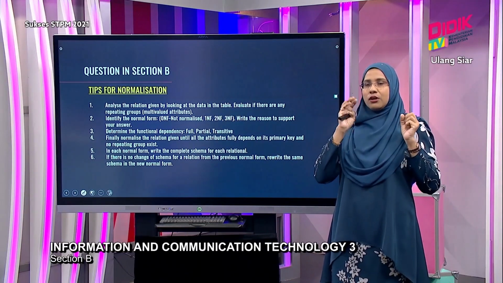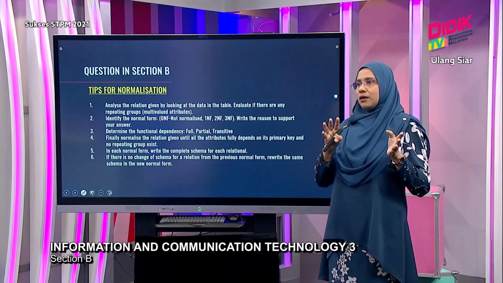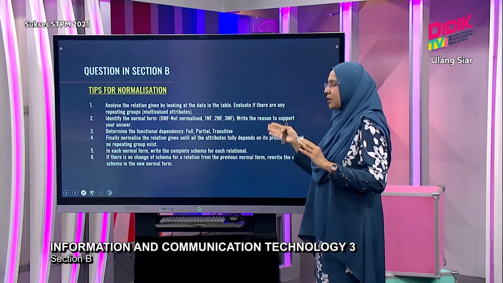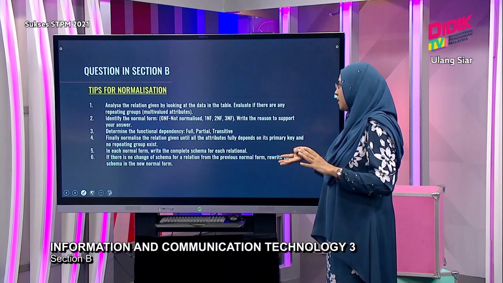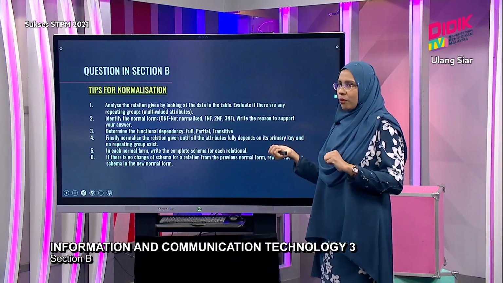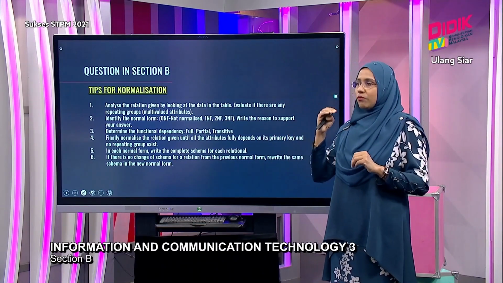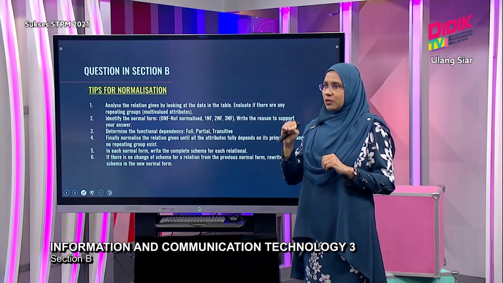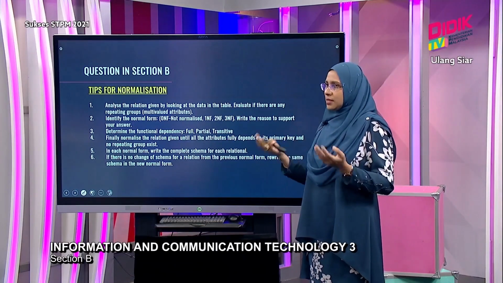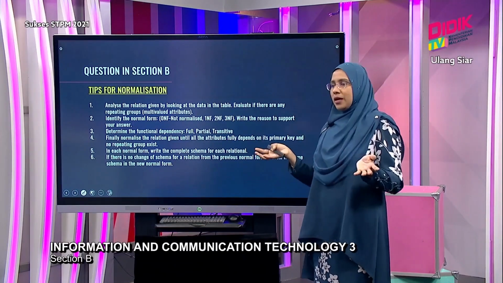If the relation is not normalized yet, we call it zero normal form, or it may be in first normal form, second normal form, or third normal form. Because each normal form has a condition. If it fulfills that condition, then you say, this relation is in second normal form because of such and such.